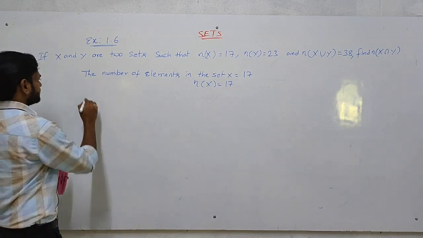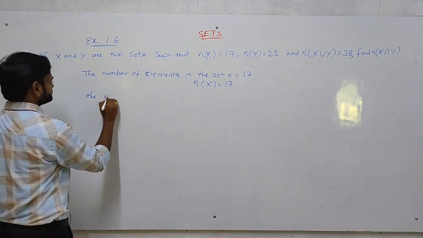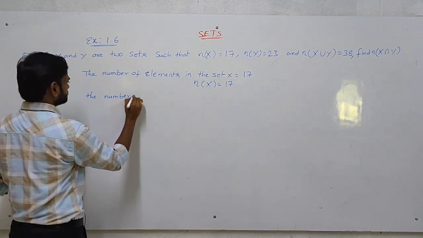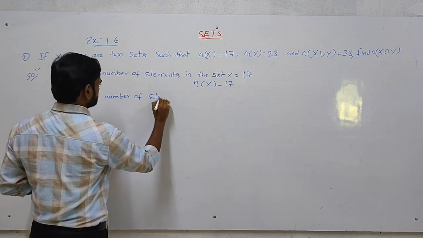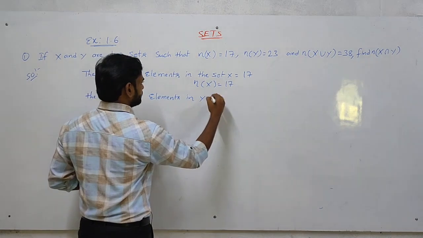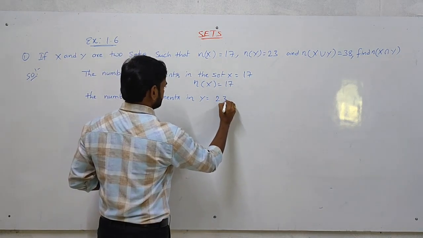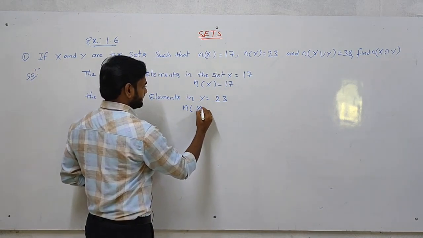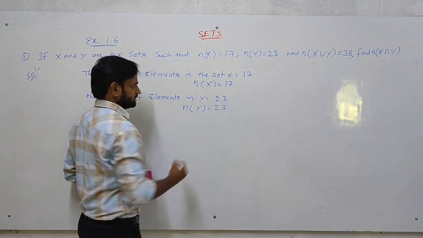Next, the number of elements in y is 23. So n of y is equal to 23.